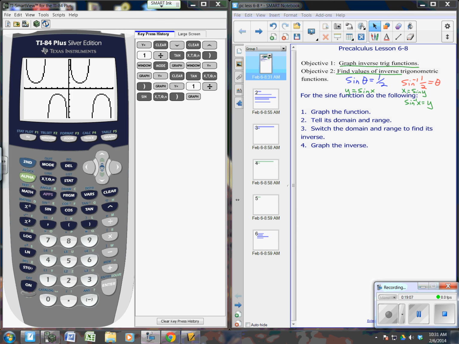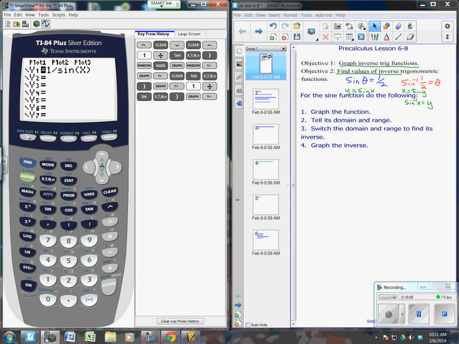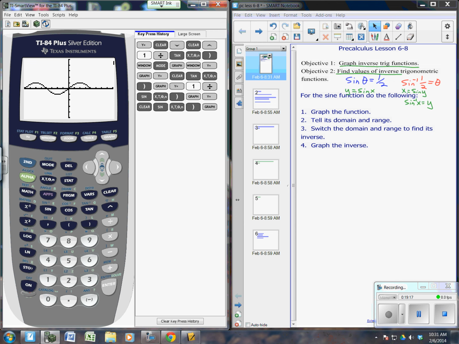Okay, you guys, I want to talk about these. We are going to graph the sine function right here first, sine of x. I'm going to name some points on the sine of x. What's this point right here, you guys? So we're going to go 0, 0. What's this point right here?